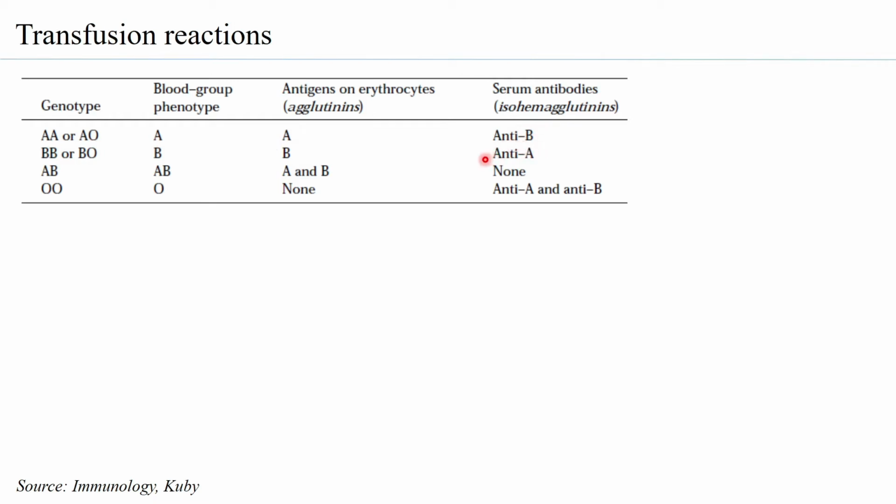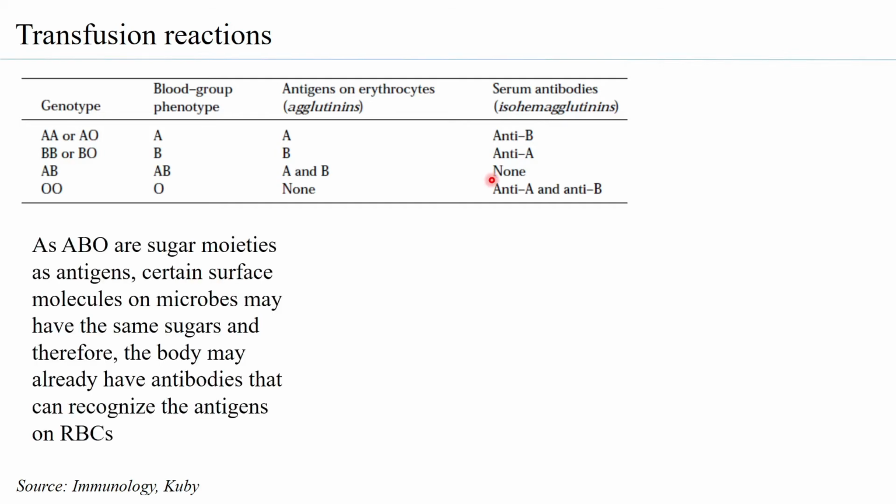So what has been observed over the years is that there are lots of microbes which have similar sugars on their surface. And so most of the people would have antibodies against those sugars that are present in the microbes.